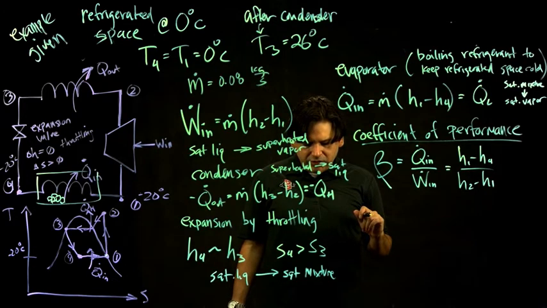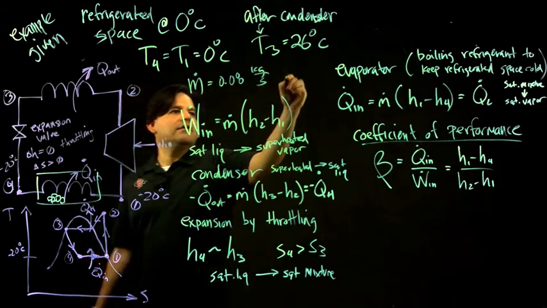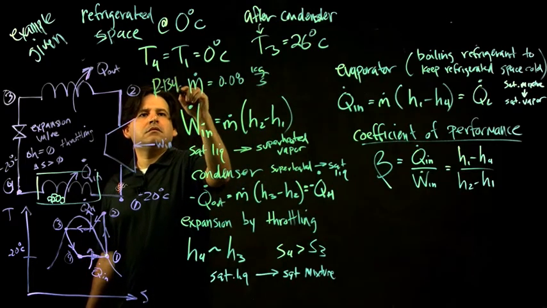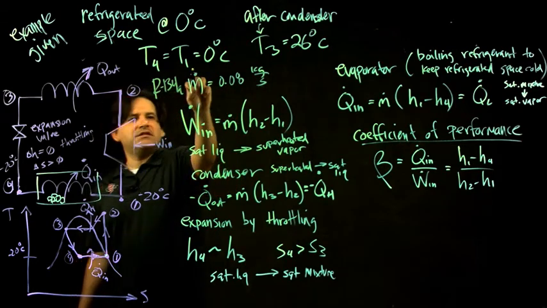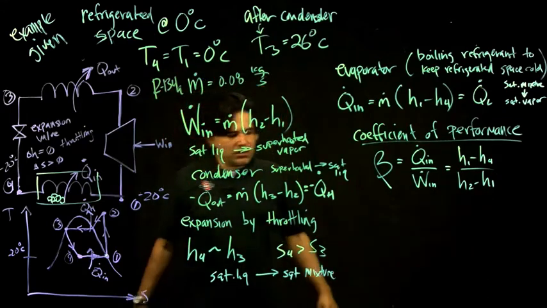So given that, we have enough to start our analysis, and this is refrigerant R134A. With R134A flowing at this flow rate, at this temperature at the evaporator, and that temperature after the condenser, we can start doing stuff.